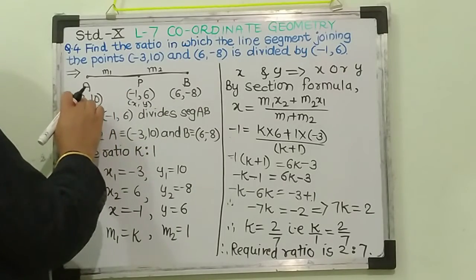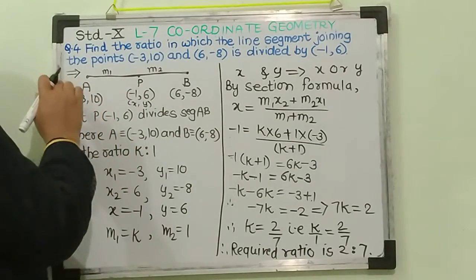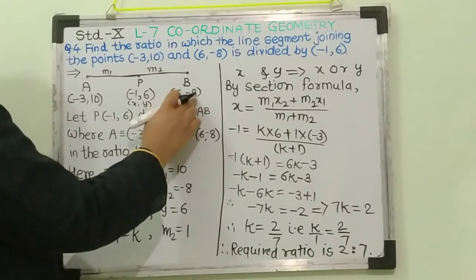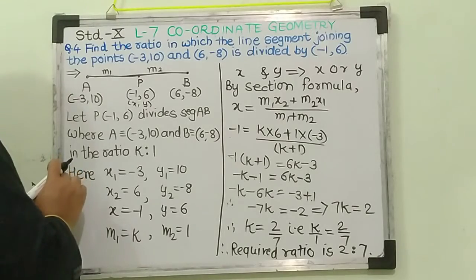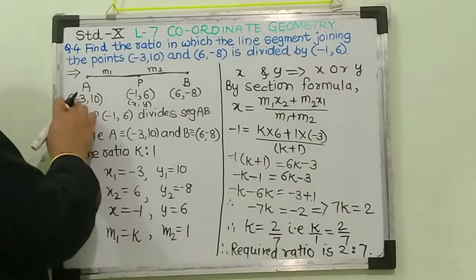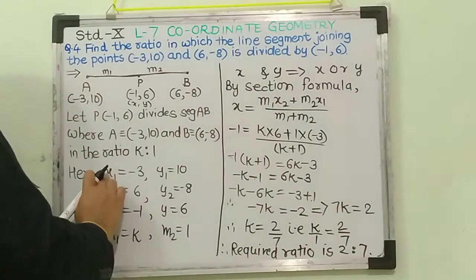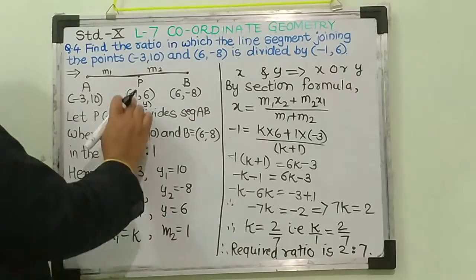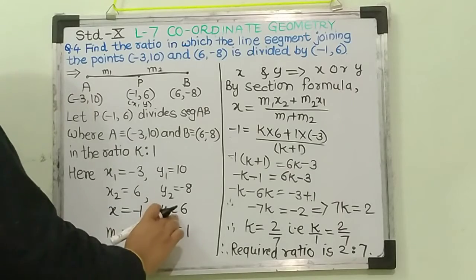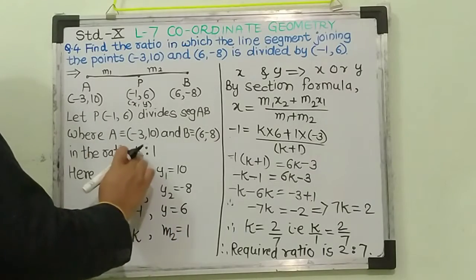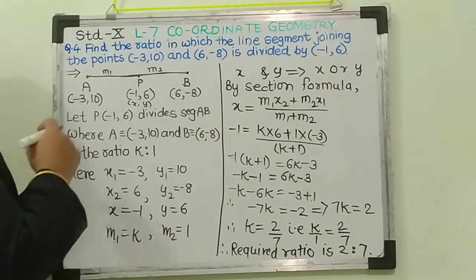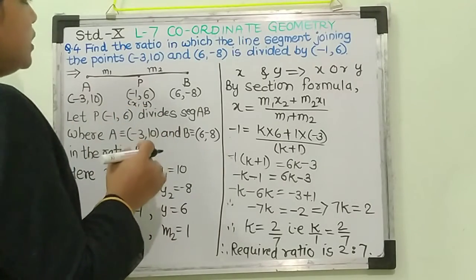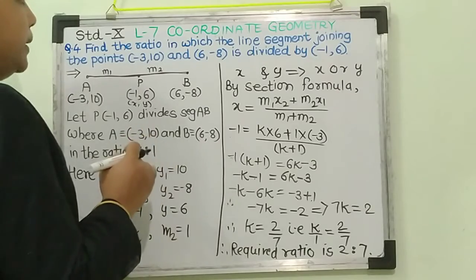Then we have the coordinates of A and B, that is -3, 10 and 6, -8 respectively. From this we can write A's coordinates as x1, y1, B's coordinates x2, y2, then P's coordinates x and y, and we take the ratio k:1, because we actually have to find the ratio in which the given line segment is divided.